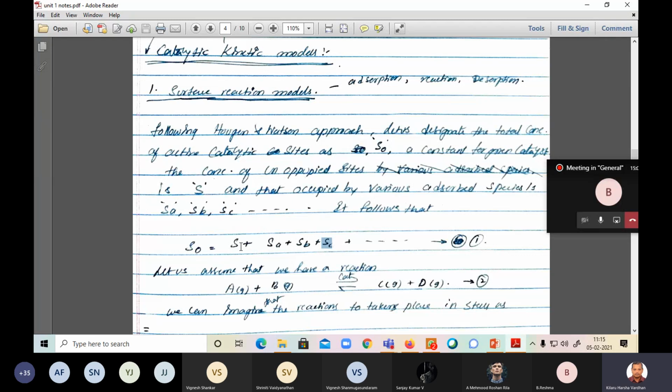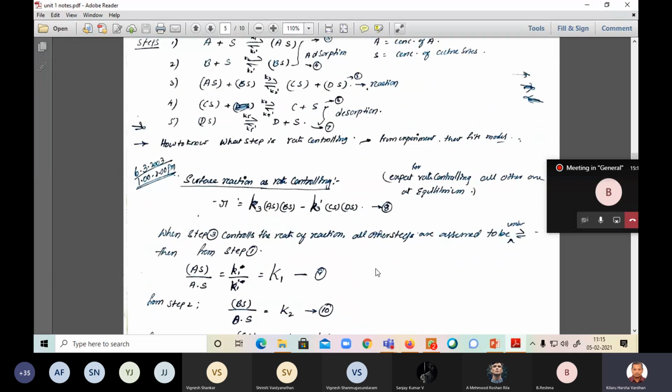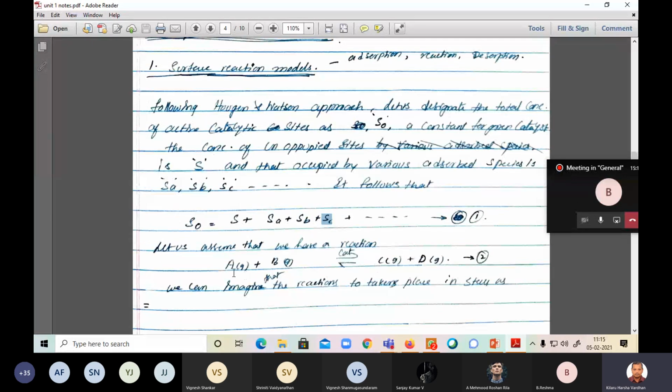So S naught is S plus SA plus SB plus SC. So let us assume that we have a relation. What is the equation which we are having? Let us assume A is a gas, B is a gas. On a catalyst, it is giving you C gas and D gas. This is the reaction which is happening. Let us assume this reaction.